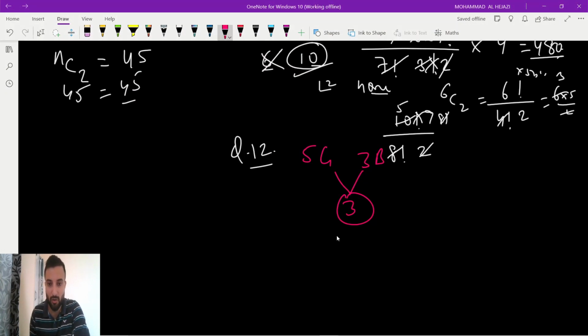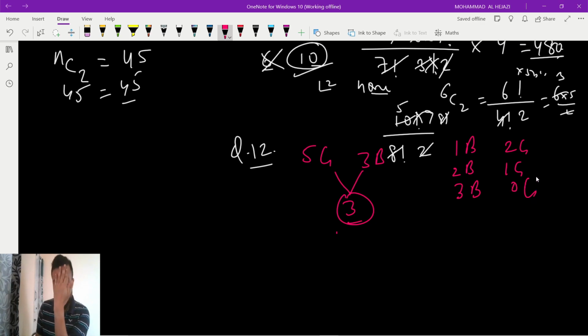So first, what we'll do, the first condition we can take is 1 boy, 2 girls. Then 2 boys, 1 girl, and then 3 boys, 0 girls. So we have to take 3 conditions because they have said at least 1 boy.